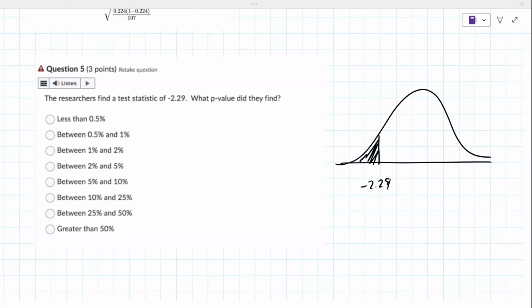Mine is loading up now. We'll do that later. All right, so it ends up being 0.011, which is between 1 and 2%.